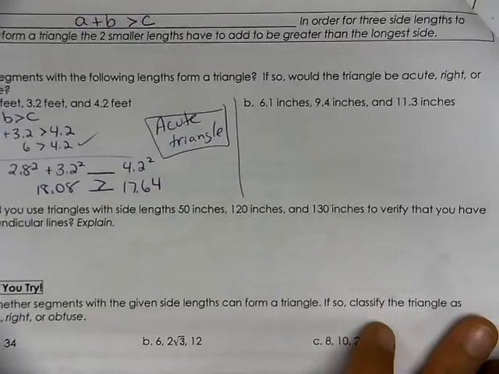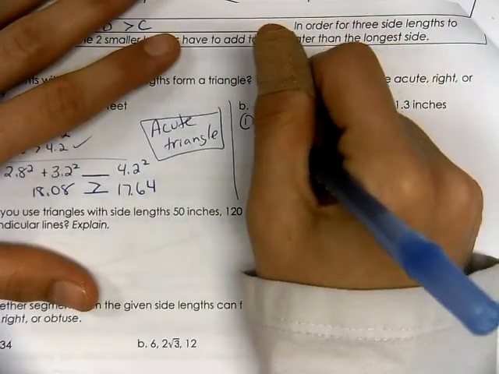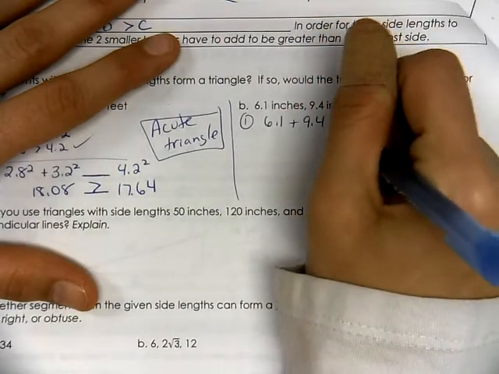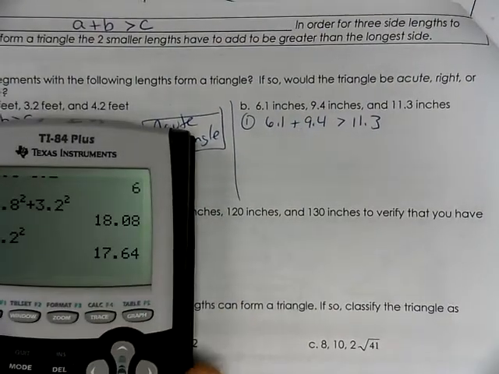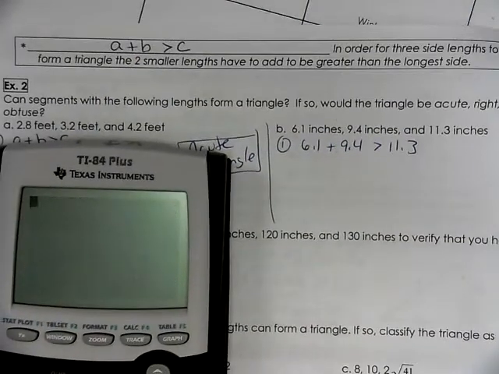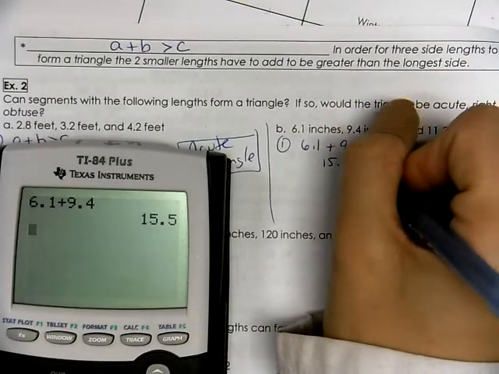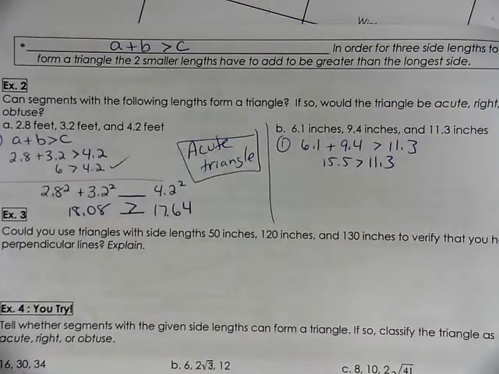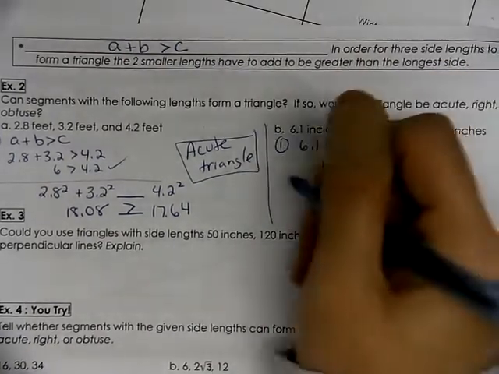So let's try B. First step is to look, is 6.1 plus 9.4, is that greater than 11.3? That's 15.5. Is that greater than 11.3? Yeah. Okay, so we're good.